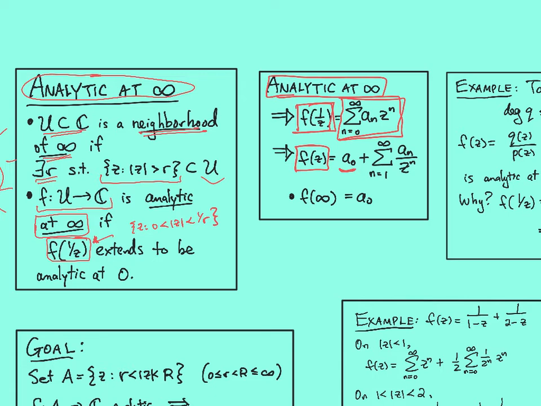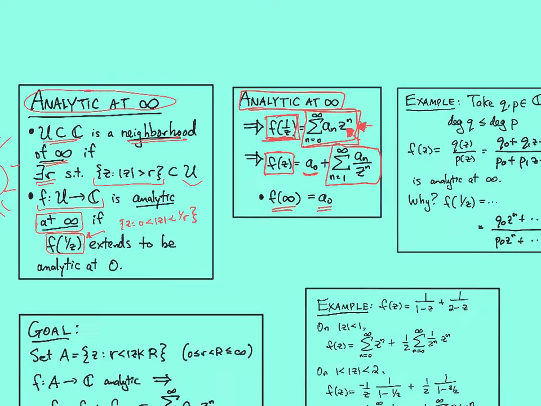In any case, you put 1 over z into this formula and you'll get a series involving negative powers of z. And we declare that f of infinity in this situation is just a0. So it would just be the value of f of 1 over z, which you extend analytically to 0, and you just find its value at 0.